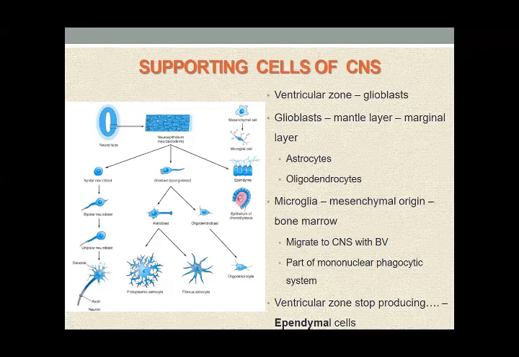They come late because when the developing nervous system is invaded by blood vessels, the blood vessels bring with them these cells which are microglia. आपको पता है, आपने physiology भी पढ़ी है, histology भी पढ़ी है. These microglia are simply part of your mononuclear phagocytic system.